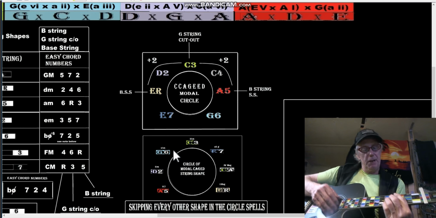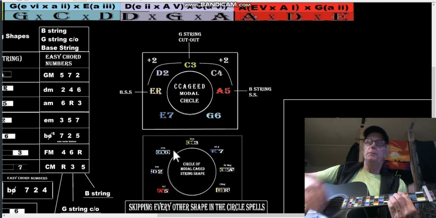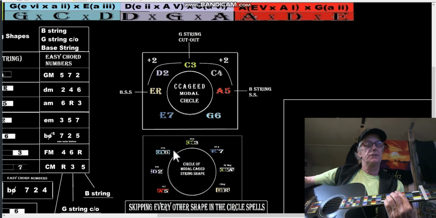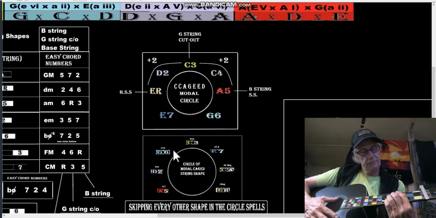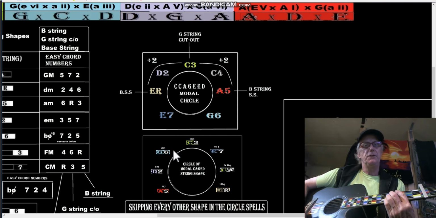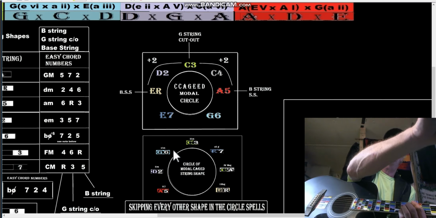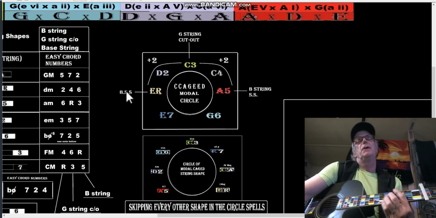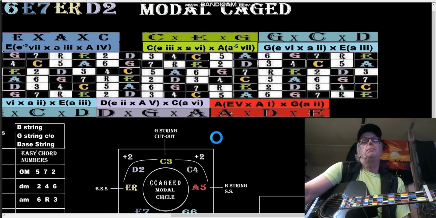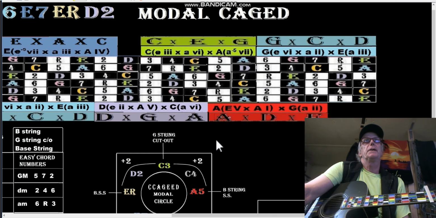But in the A box, then we start counting up a pentatonic scale again. So we have an A-shaped C. The D minor is going to be what? What in a pentatonic scale? A goes to C, and we're going to have a C minor shaped D minor there.